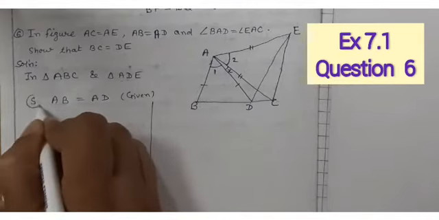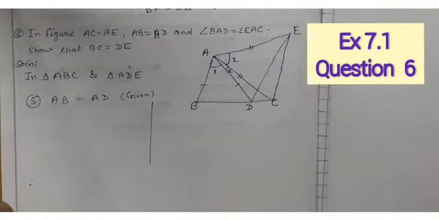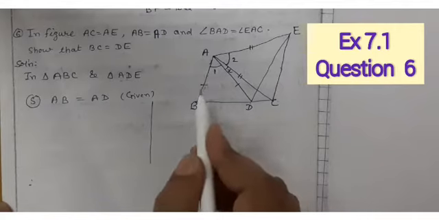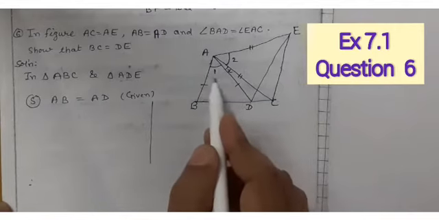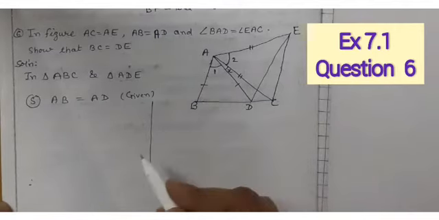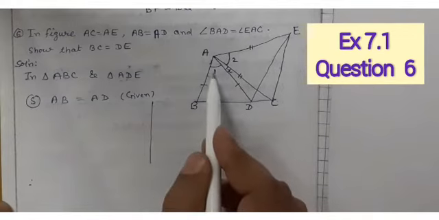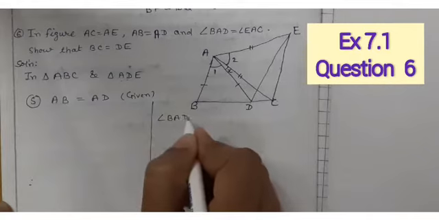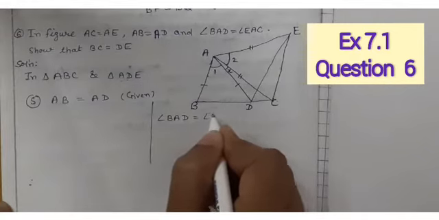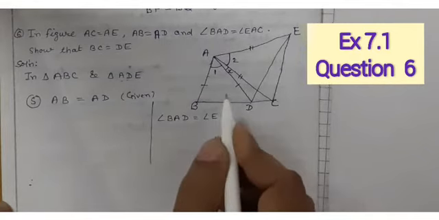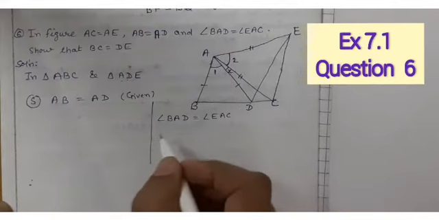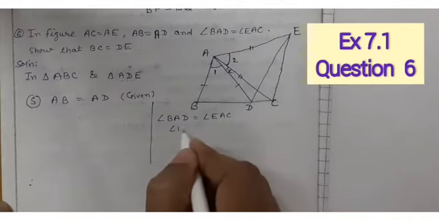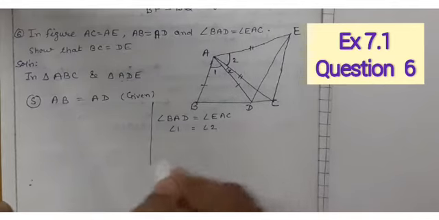And this is a side, so mark S. Then an angle is given to you because angle 1 is equal to angle 2. What is angle 1 actually? BAD is equal to EAC, and for our convenience this is your angle 1 and this is your angle 2.